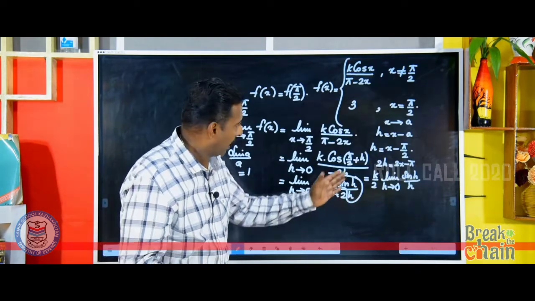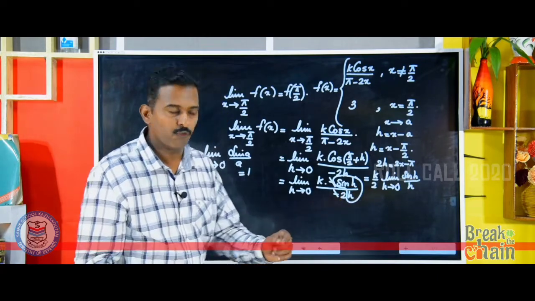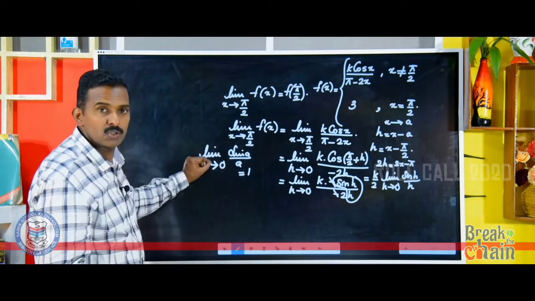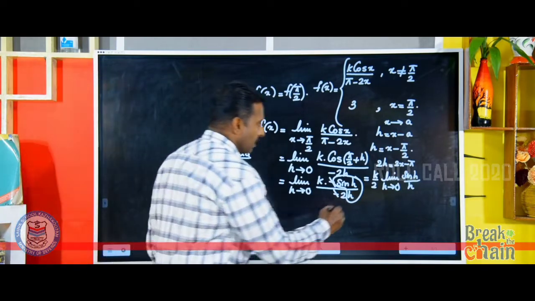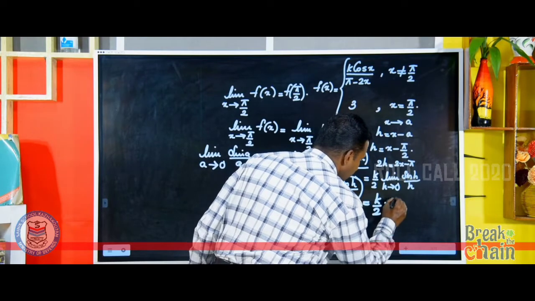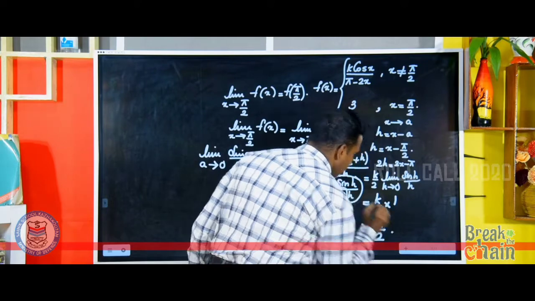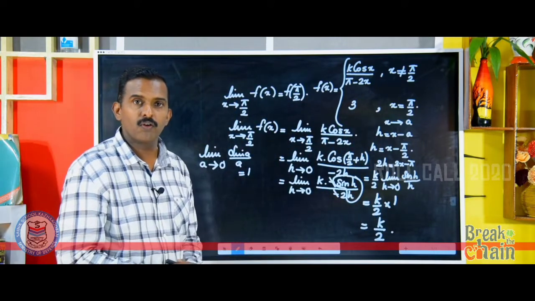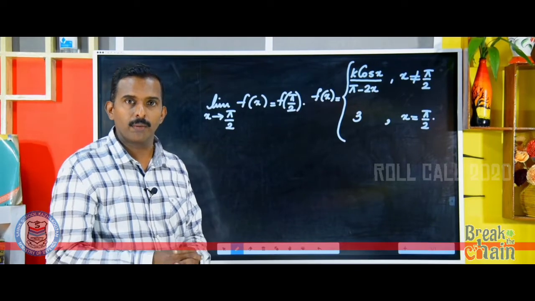Then the limit formula, limit a tends to 0, sin a by a, that is 1. Therefore it changes as k by 2 into 1. Therefore limit value will become k by 2. Therefore we have got limit value k by 2.